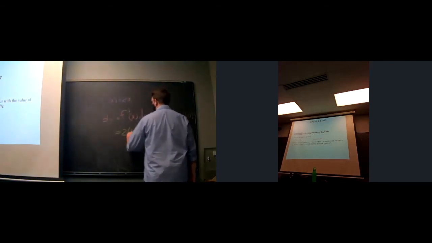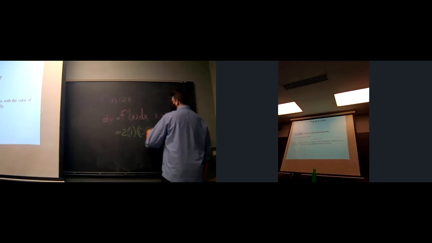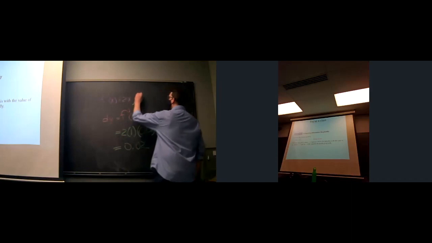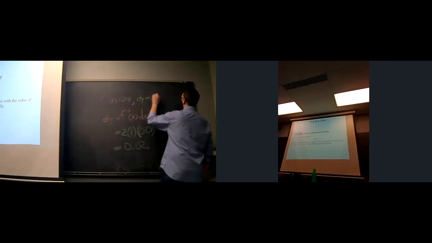So that means we're going to have 2 evaluated at 1 times the value 0.01. This is obviously going to come out to be 0.02. So dy is equal to 0.02.